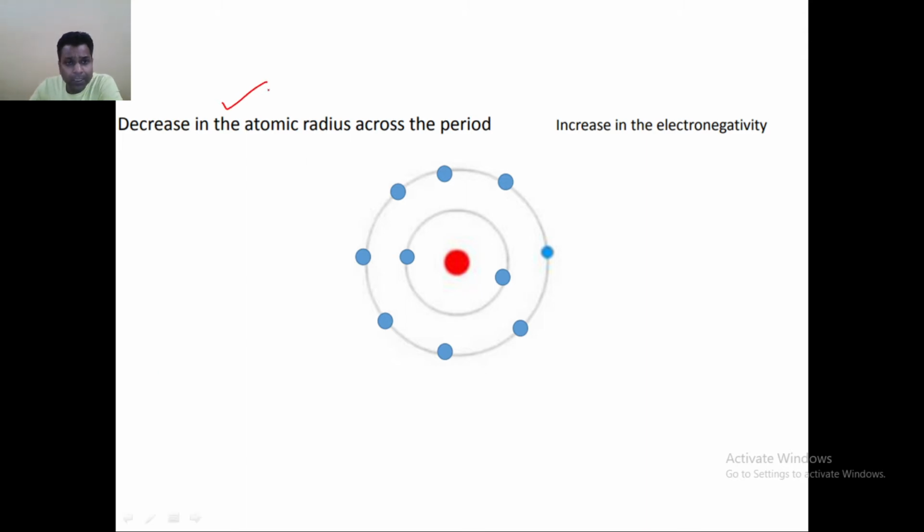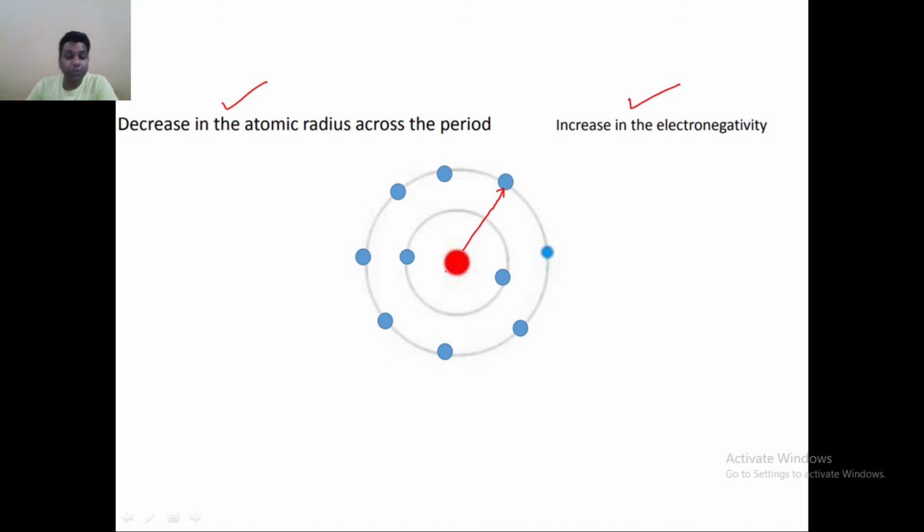Now if you remember, in the starting of the lecture I told you that we need to understand the factors on which this electronegativity depends. I tell you a very simple thing: whenever we take any atom, we have a nucleus force, the force being applied on each and every electron from the nucleus.